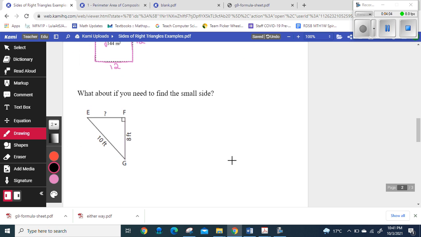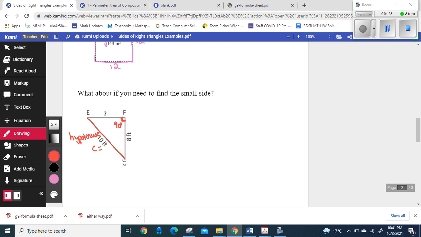What about if we need to find the small side? Okay, well, I can see that here's my 90 degrees, which means the longest side, the one the 90 looks at, is my hypotenuse.